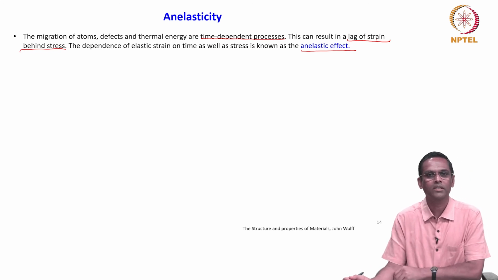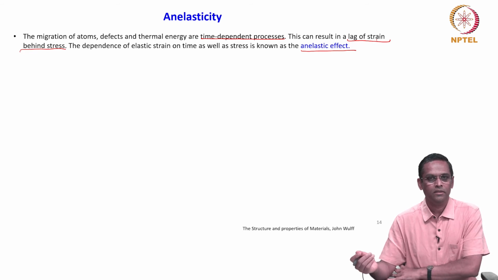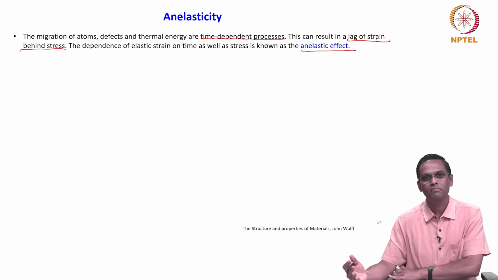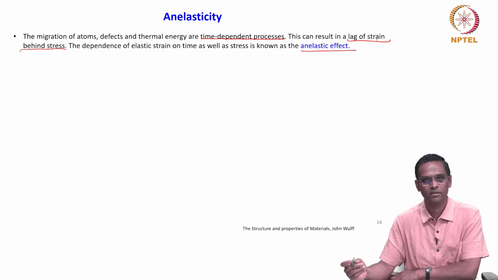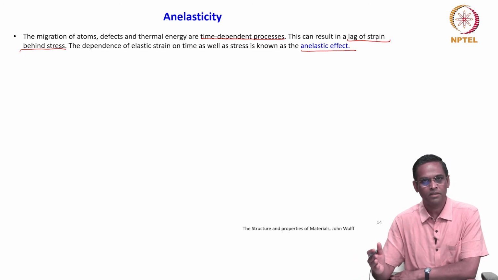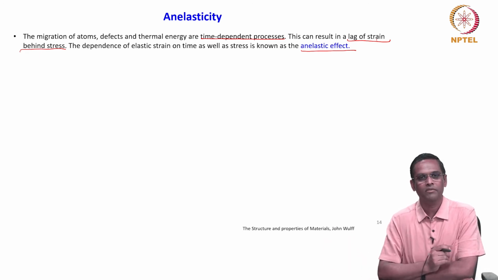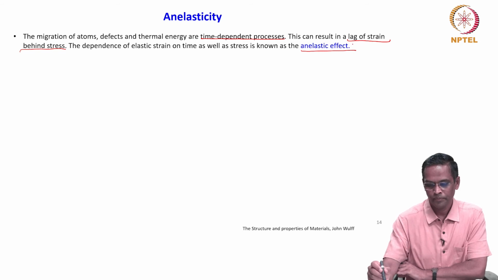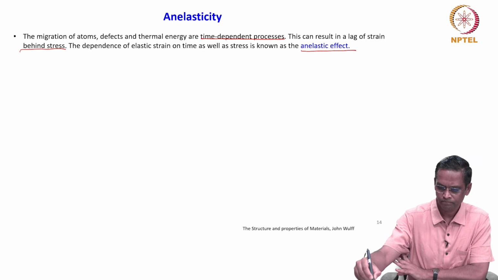We can do all these activities at a much higher rate. All these activities are supposed to create some strain in the material, but the strain is not happening immediately. If the strain experienced by the material can be observed as a function of time, then we say that there is a lag of strain behind the stress. So, that is the meaning of this.